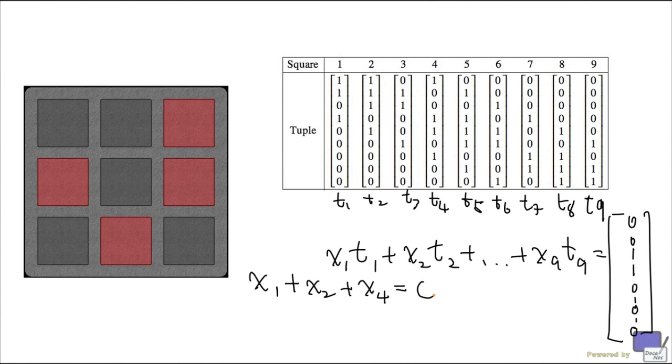So if I just look at the first component, it will be x1 plus x2 plus x4, and it has to equal 0 because the first component in the right-hand side is 0. And I can do this for every other component, and what I will end up with is the following system of equations.